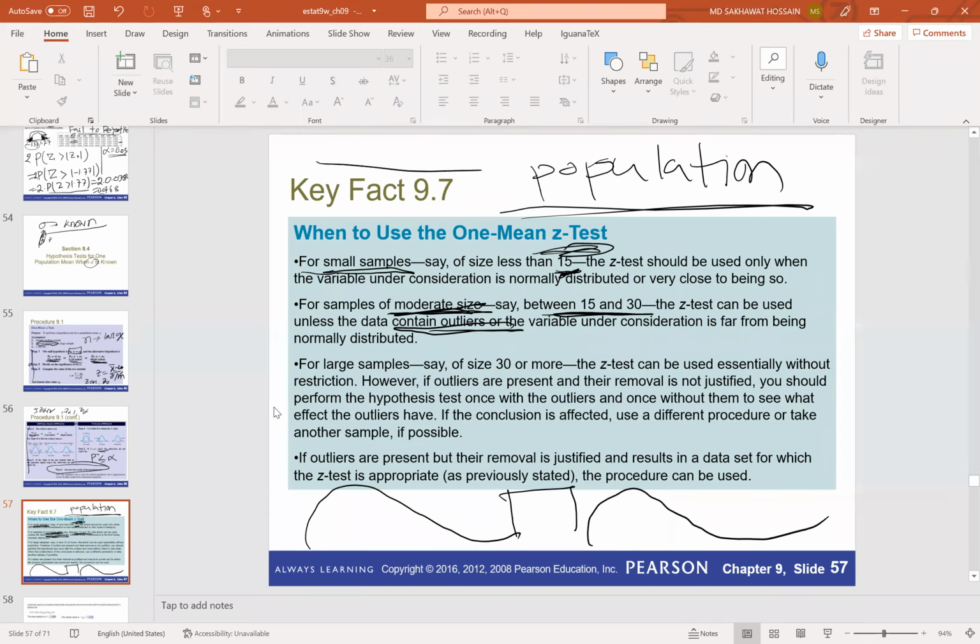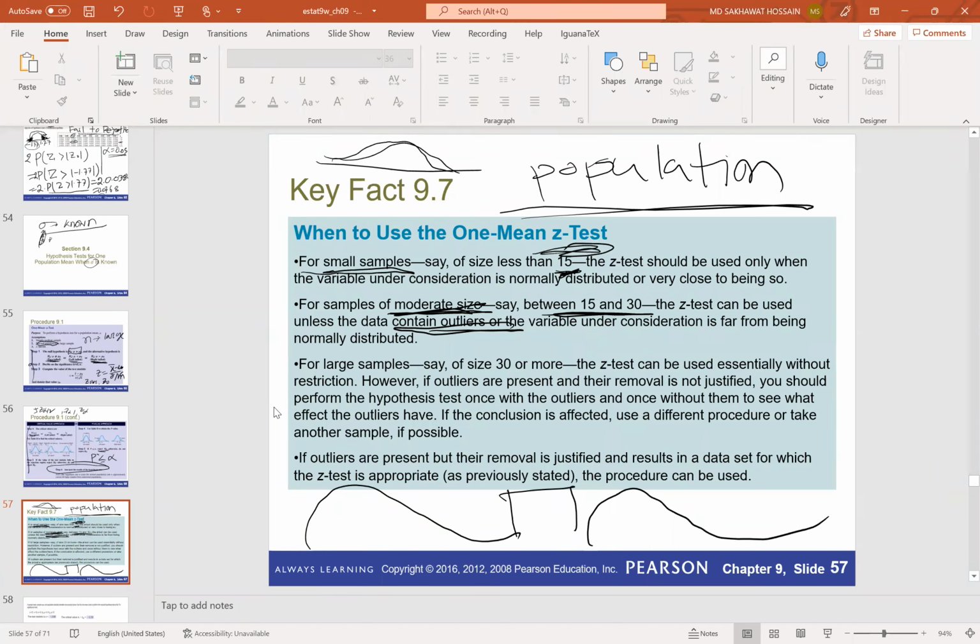It should be a symmetric, bell-shaped distribution, something like this, if the sample size is between 15 and 30. For a large sample, regardless of the distribution of the population, if sigma is known, that means if the sample size is 30 or more, we can use the z-test without any restriction.